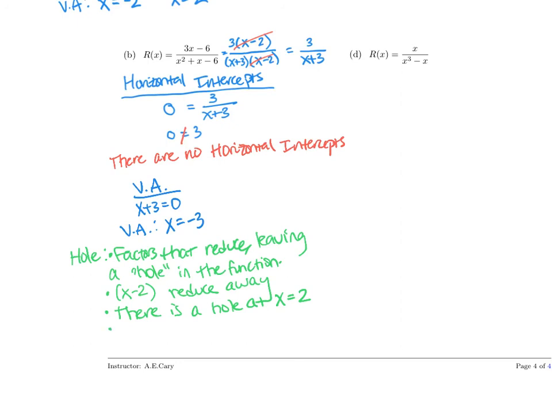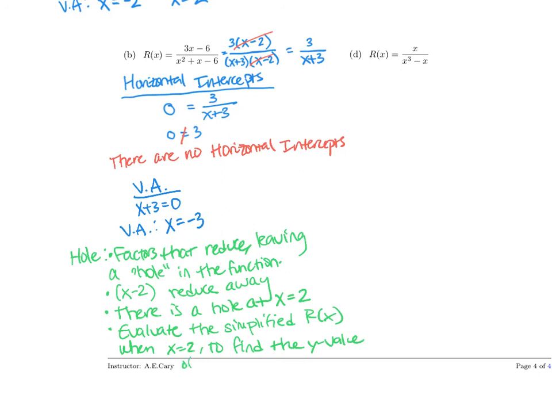So what we're going to do now is we are going to evaluate, or remember, plug in the simplified, not the whole entire thing, just the simplified r of x when x is equal to 2, or our hole, to find the y value of the hole. I ran out of space, whoops. So that'll be our last step.